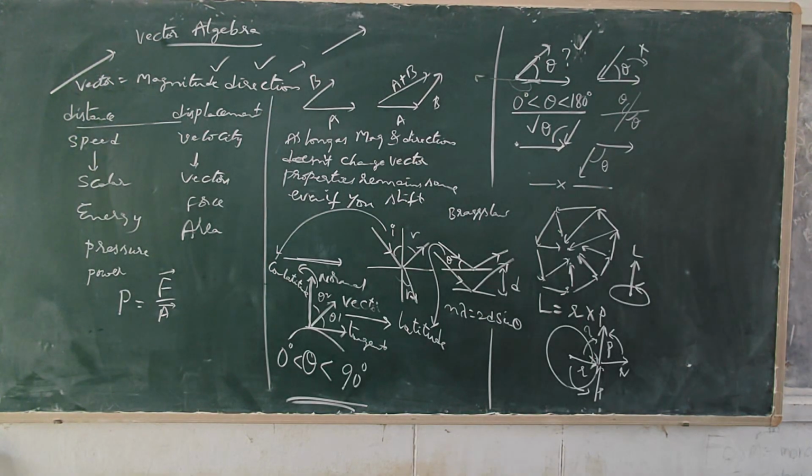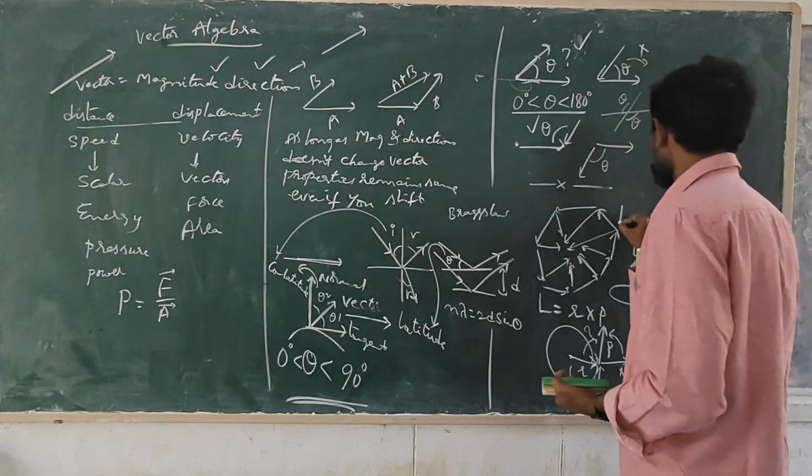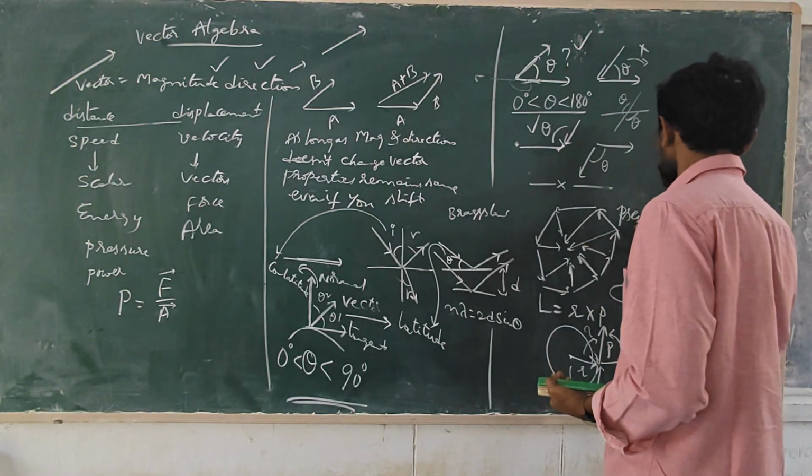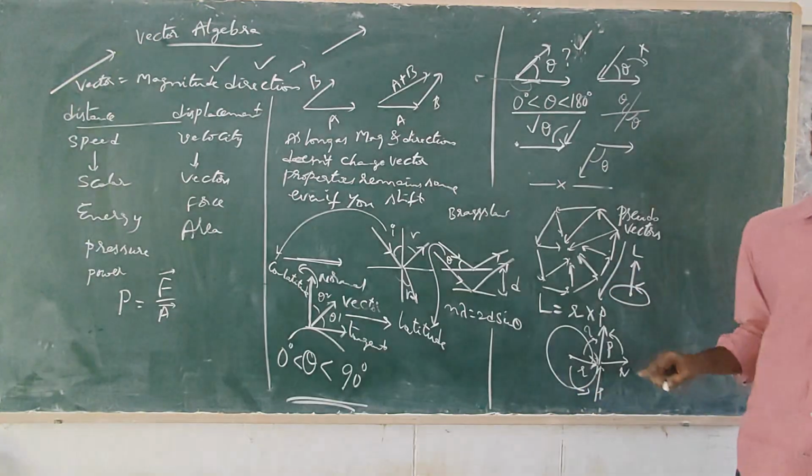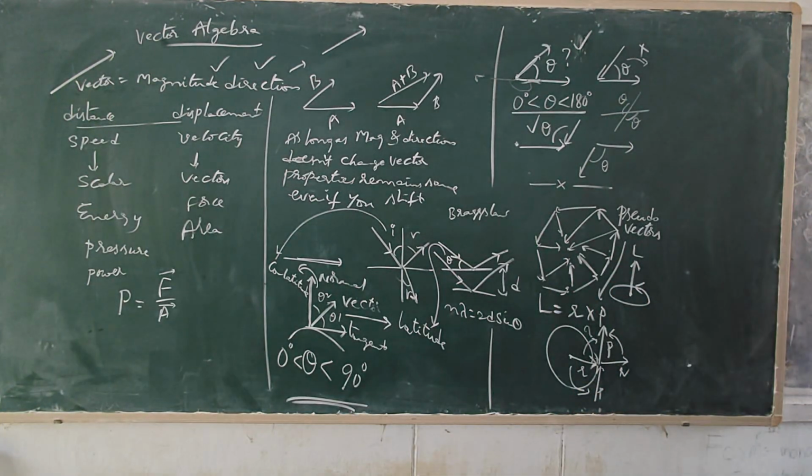So that is why these kinds of vectors are called pseudo vectors. The vectors which are the resultant of a cross product are called pseudo vectors. They are not real vectors and they do not possess any activity in the direction of the vector. There is no activity in the direction the vector points.